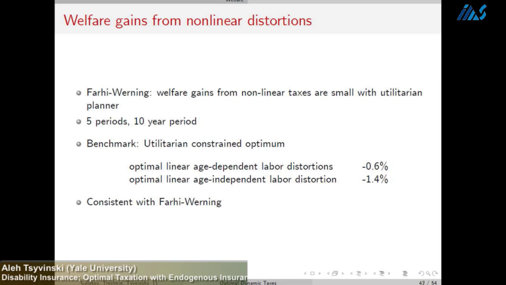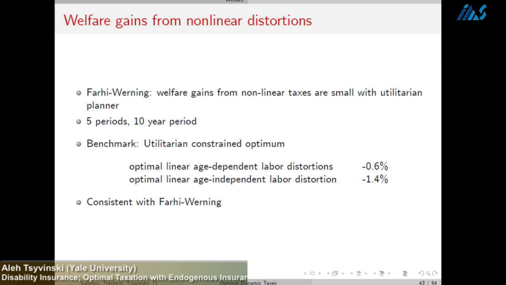If I compare the constrained optimum with fully nonlinear distortions to the best linear age-dependent labor distortions, I have almost no gain. 0.6% in lifetime consumption every year is not that much.